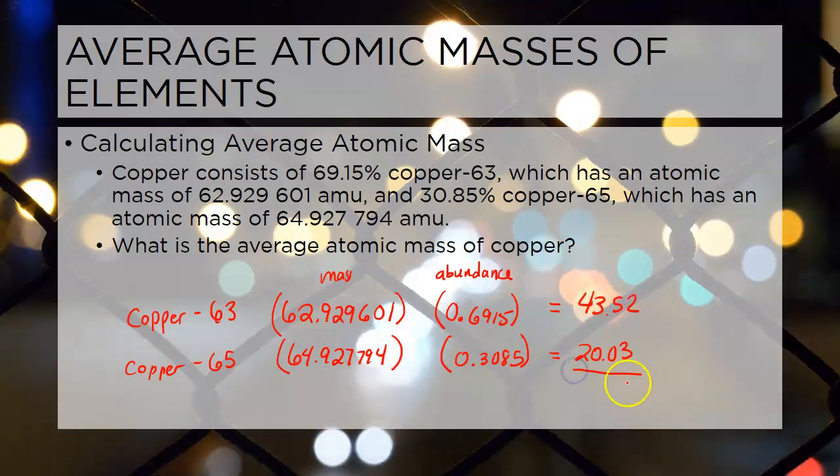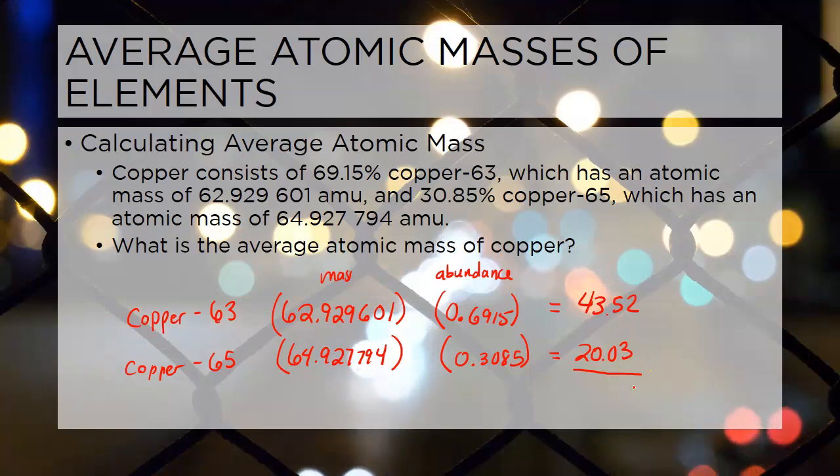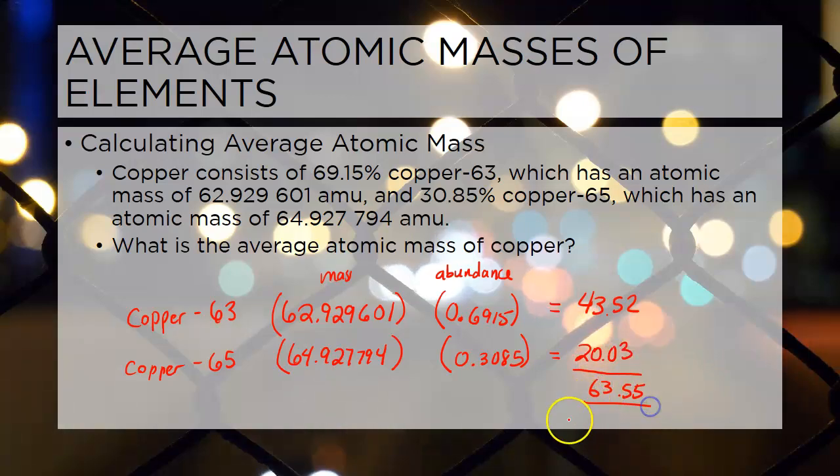I add those up, I get 63.55. You said it'd be closer to 63, right? Looks like you were correct. And that's in AMUs. So 63.55 is the average atomic mass.